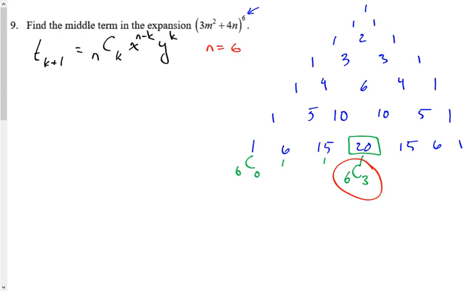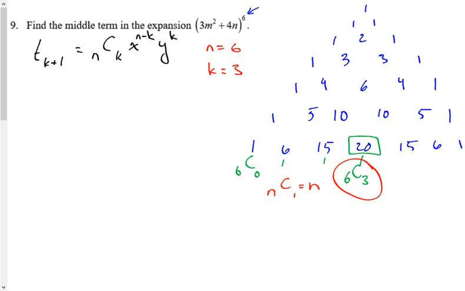But it also tells me my k value must be a 3, which simplifies things down for me, and then I can just start putting things into the formula. Rabia. Because my second term is always n choose 1, which is equal to n. So since I wanted my n value to be a 6, my second term matches my n value.